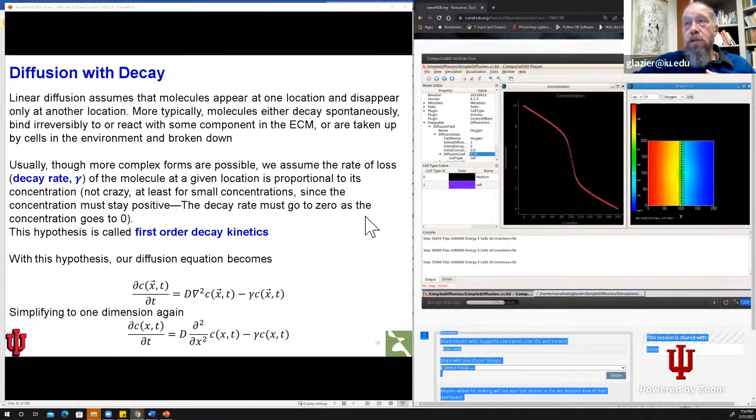And for a molecular species like oxygen or water, those are stable molecular species, although oxygen, of course, is used by cells and converted into other things. However, most proteins and things like RNAs have a finite lifetime.